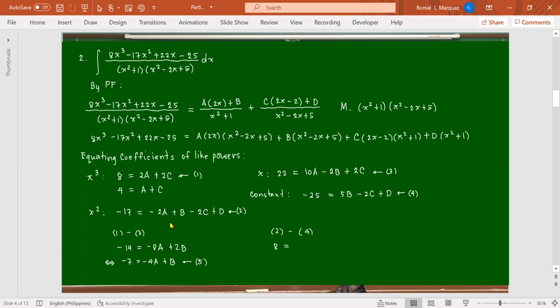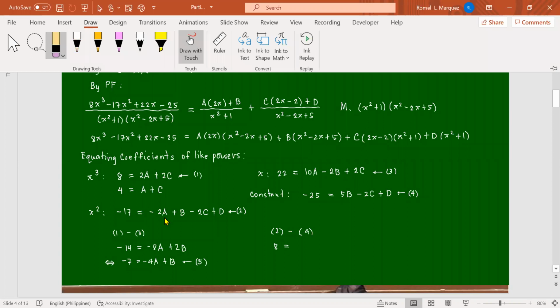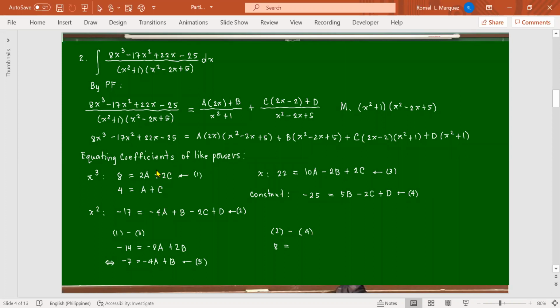I think I made a mistake here. Let me check. This is the x squared coefficient, 17. Let me check again: negative 17, negative 4x squared a.